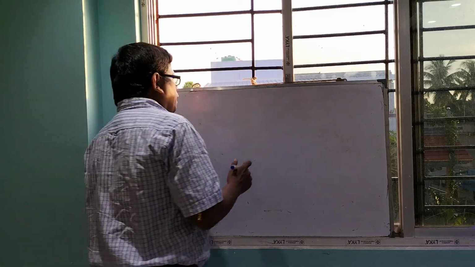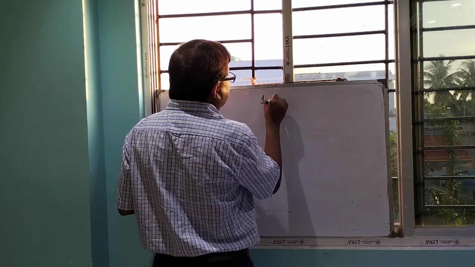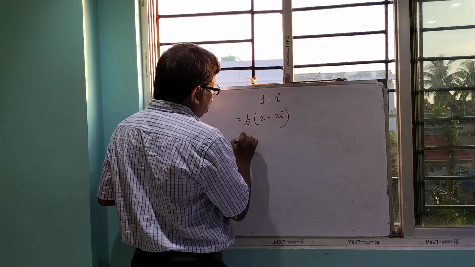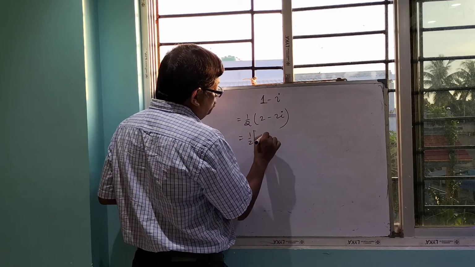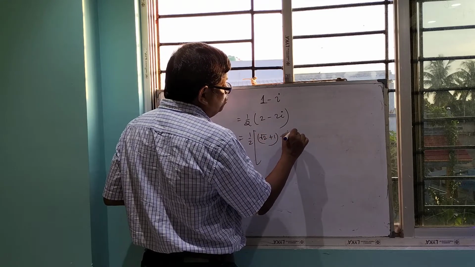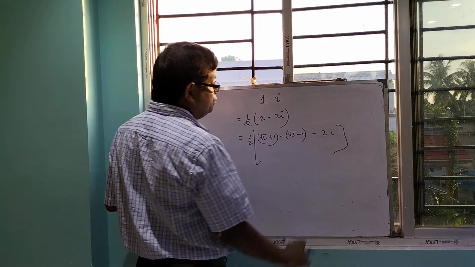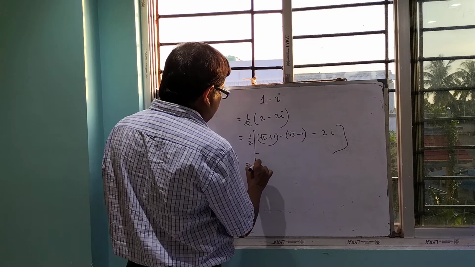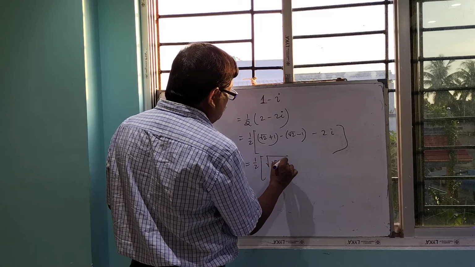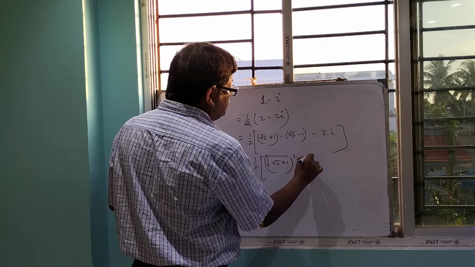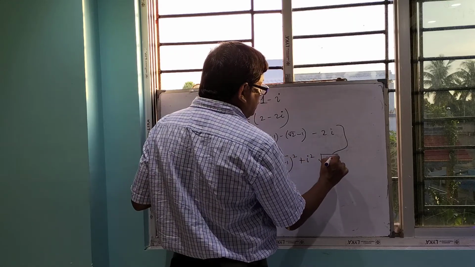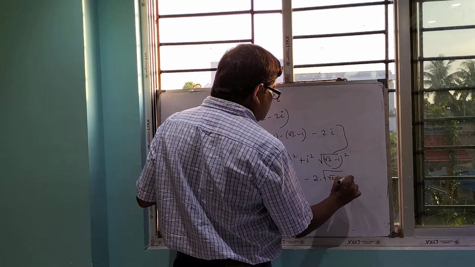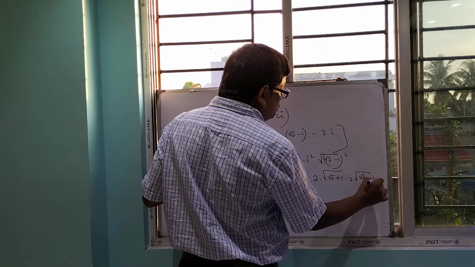Suppose 1 minus i, square root. So 1 minus i can be half of 2 minus 2i, I know. So half, 2 can be root 2 plus 1 minus root 2 minus 1, and 2i we can write now. This is equal to half of root 2 plus 1 whole square plus i square of root 2 minus 1 whole square, with 2ab being root over root 2 plus 1 into i of root over root 2 minus 1.